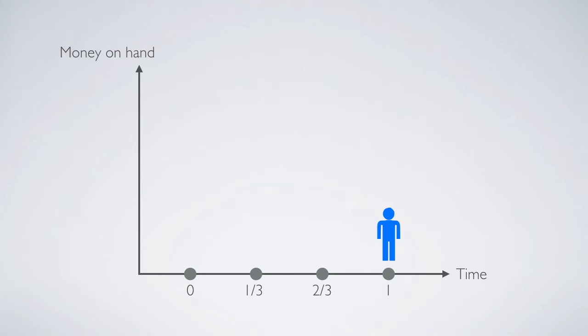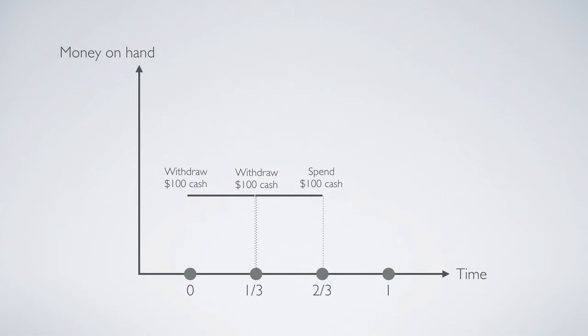Remember, first he has to withdraw $100. When he withdraws his first $100, he holds it for 1/3 of the time, and then he buys products from the producers, so the money is not in his hand after he spends it. Then he goes back to the bank and withdraws another $100 and holds cash, continues his shopping trip, bumps into another producer, and spends that $100 at 2/3 of the timeline.